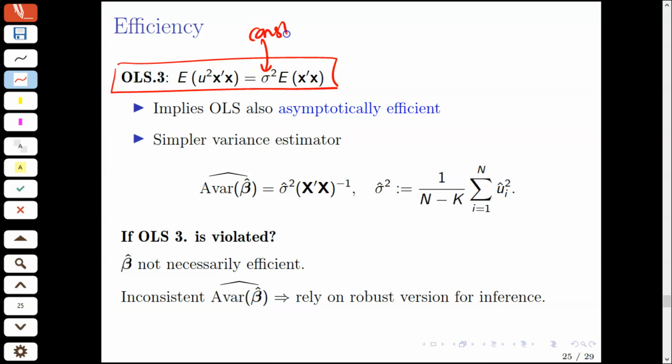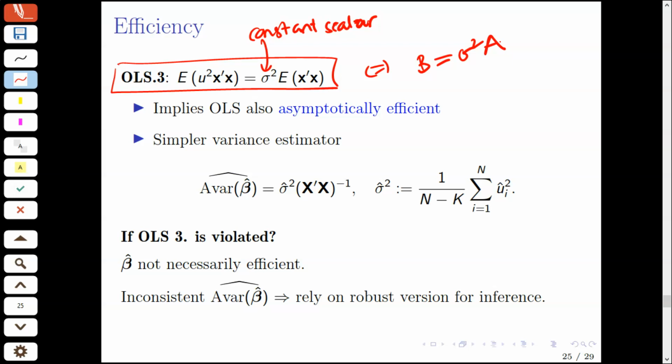This is just a constant, in fact a scalar, times the expected outer product of the regressors. In other words, what we called B is proportional to A with proportionality factor given by whatever this constant sigma squared is.